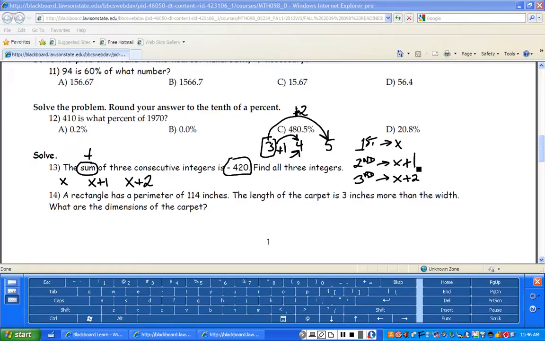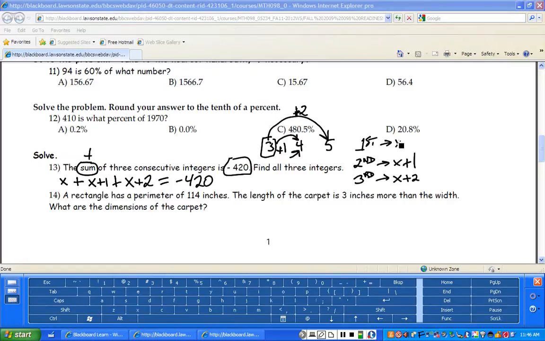Okay, so now first number, second number, third number, and we said that the sum of these, so add these all up to get negative 420. So if this plus this one plus this one, it should all equal negative 420. Okay, so now what we notice is we have like terms, so all the x's are like terms.